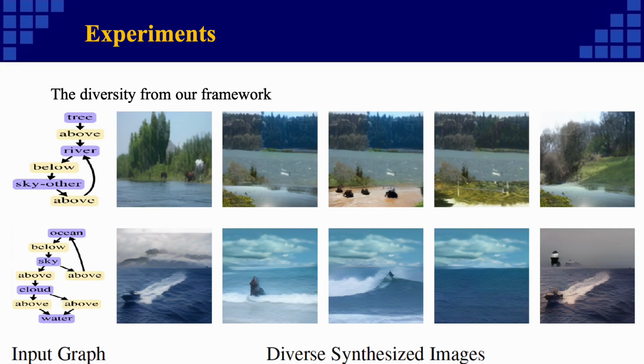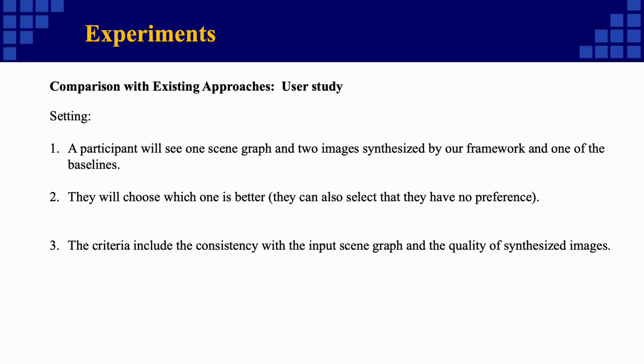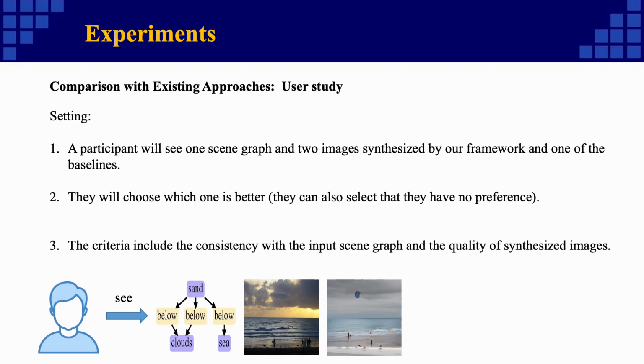Our framework can synthesize diverse images by setting different groups to initialize the set of chosen groups in SCSM, and the diverse results can be viewed in this page. We also conduct a user study. In this user study, participants will see one scene graph and 2 images, one synthesized by our framework and one by a baseline.